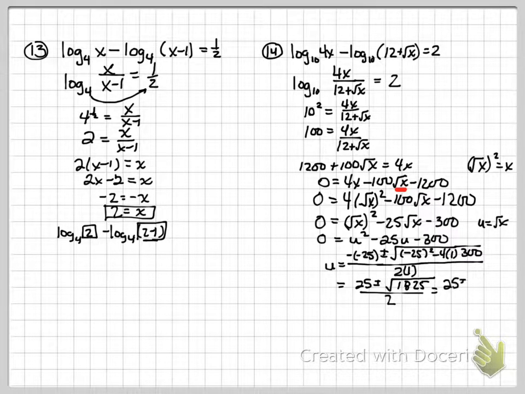The square root of 1,825 is 42.7200. So I'm just going to use 42.72 divided by 2.